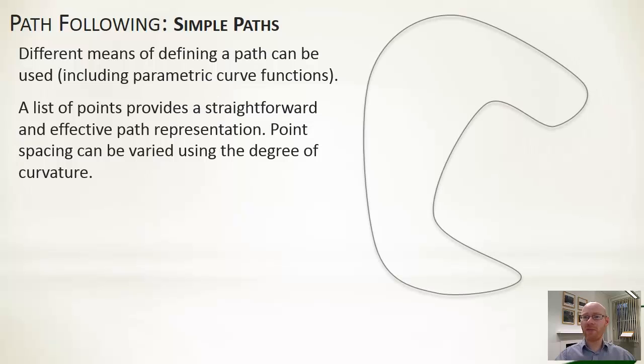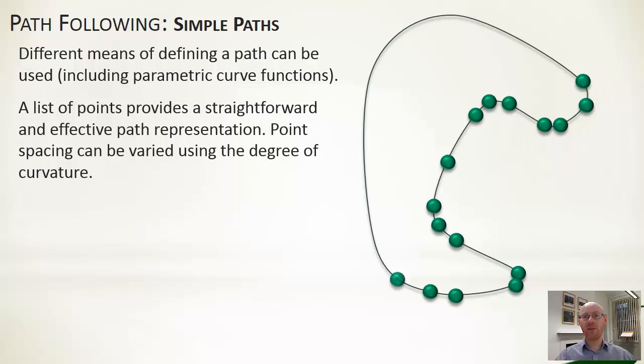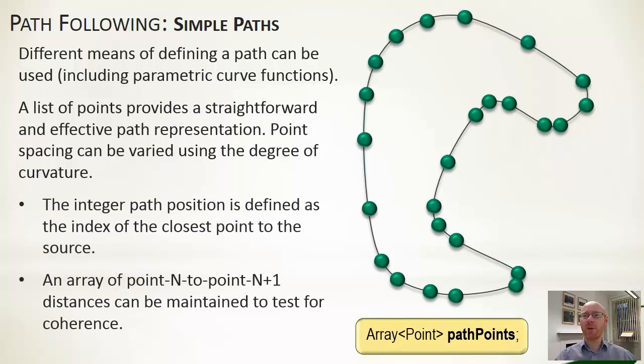So here we have an underlying curve, and we're mapping out that curve as a number of representative points along the curve. You can see here that if we have a straight portion of the curve, or near straight, we don't need too many points. But around the corner where we have a greater degree of curvature, there we've got a greater density of points.